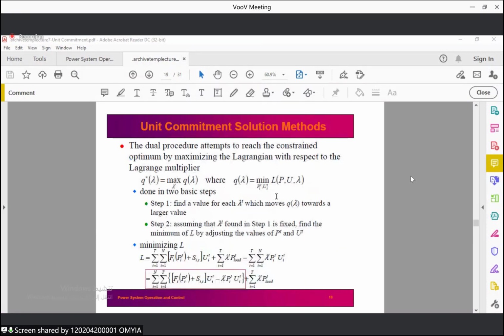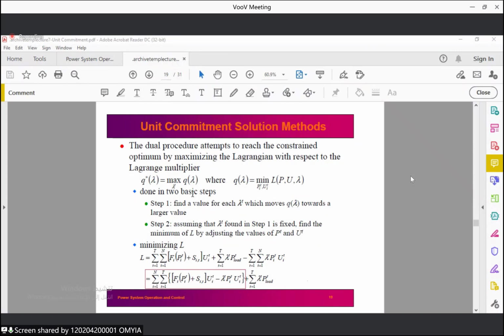The dual procedure tries to reach the constrained optimum by maximizing the Lagrangian with respect to the Lagrange multiplier, and this is done by adjusting lambda, and then minimizing the Lagrangian by adjusting the generator value P and U value.